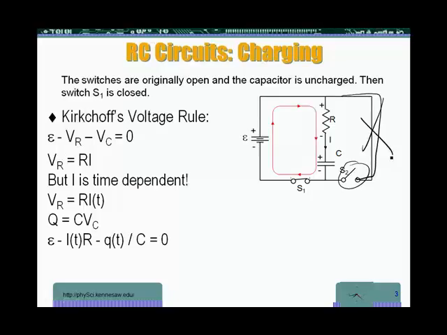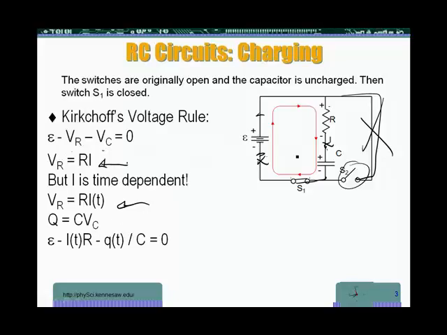If we take this loop starting here and going around, we have E going from here to here, then minus VR, and then minus VC, and we are back where we started. Again, VR using Ohm's law is R times I, but because of the time dependence of I, we can write it as R times I of t, I as a function of t.